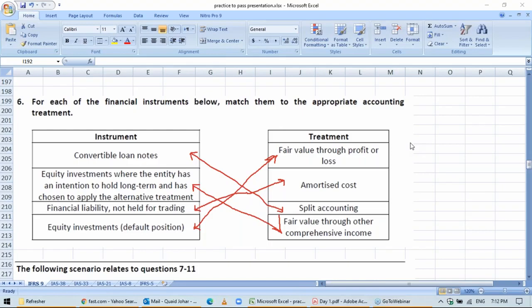For liability also, I have a diagram. Let me share the diagram with you regarding the rule.